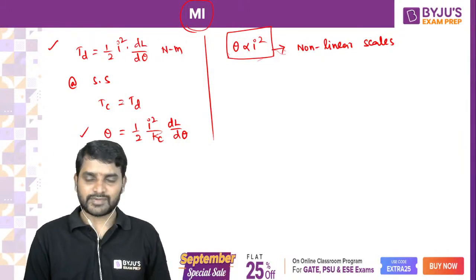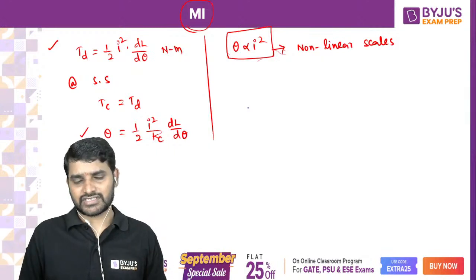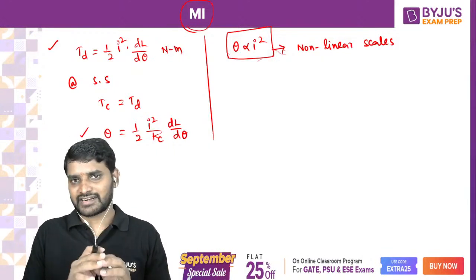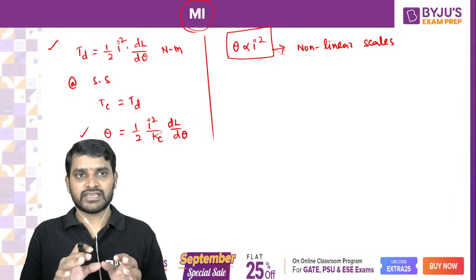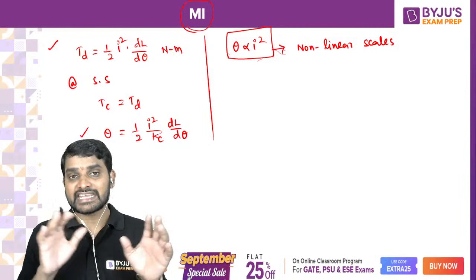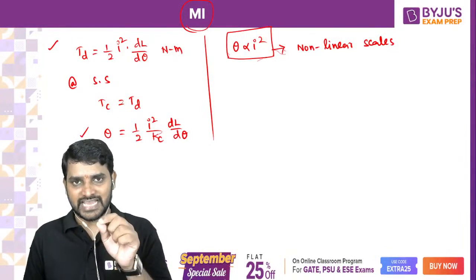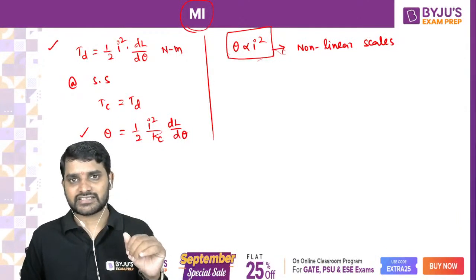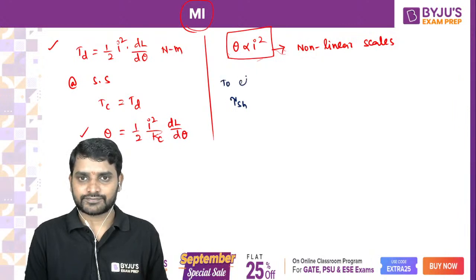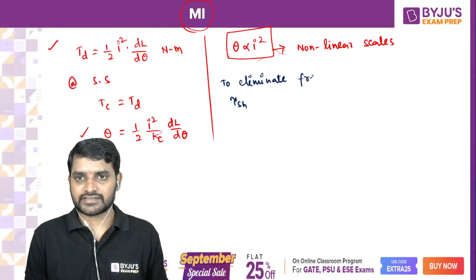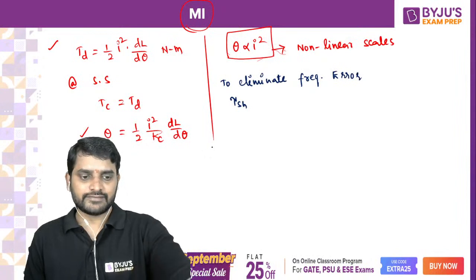Another formula you need to remember is coming to range extension. To say exactly, keeping the shunt and the multiplier in an MI instrument is not primarily intended to increase the range. It is actually to compensate the frequency errors in MI instruments. To eliminate the frequency errors, we use a shunt in the ammeter.